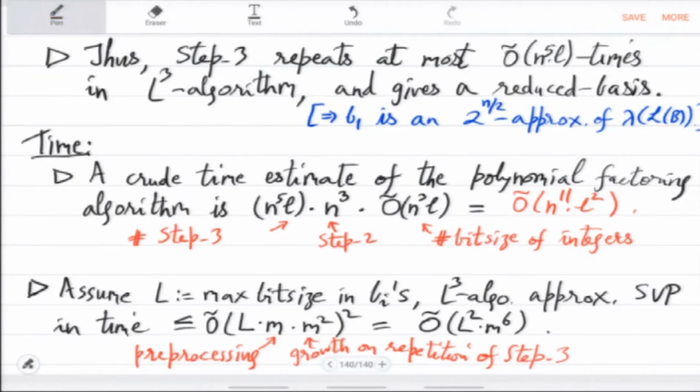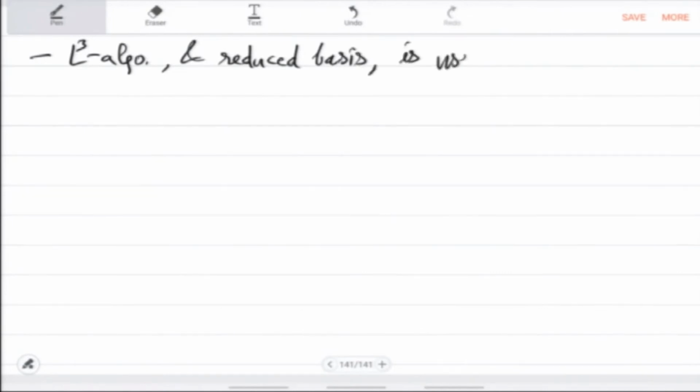So let me finish the L cube algorithm by giving some properties that its output satisfies. The L cube algorithm and reduced basis is used in many places.